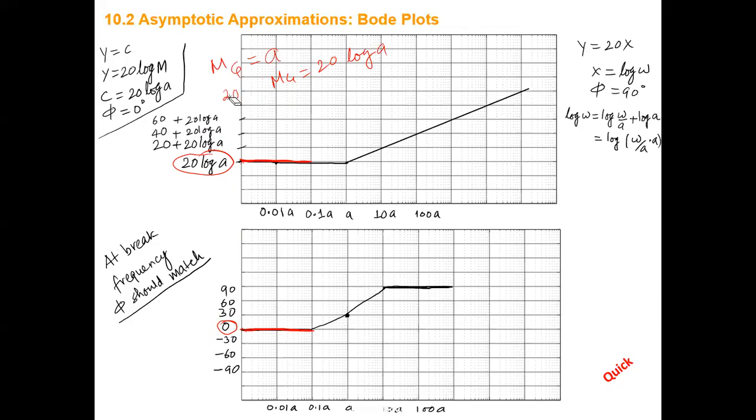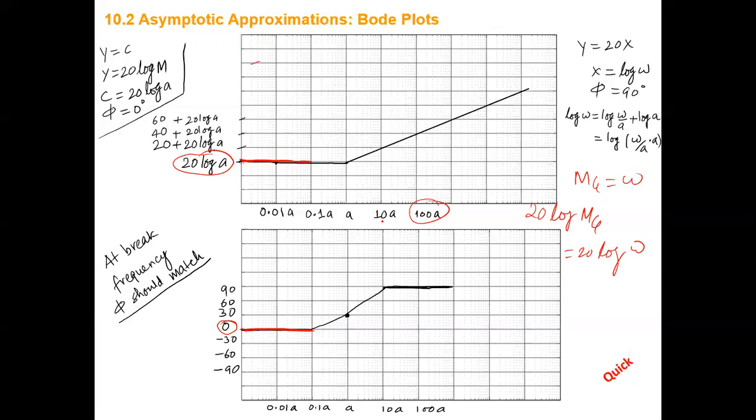How about the higher end? Higher end, let's talk about 100A, right? Remember, at the higher end, your mg is omega. What is your 20 log mg then? 20 log omega, right?